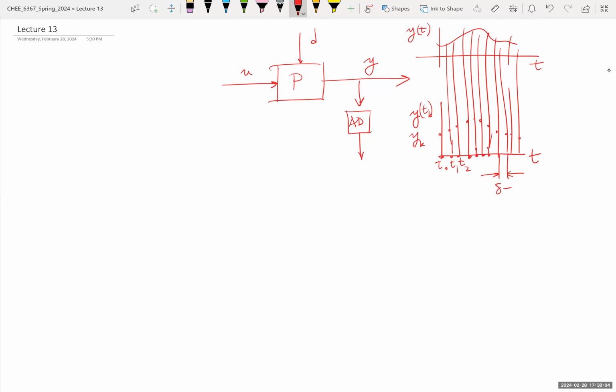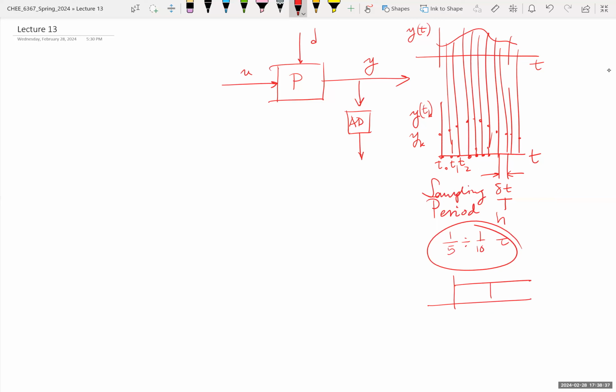Each pair is separated by a certain time. We can call it delta t or h. There is no uniform notation for that. But this is the sampling period. And we explained that the sampling period should be roughly 1/5 to 1/10 of the dominant time constant of our system. And what is the dominant time constant? If I throw a step to my system, the output is going to respond like that, assuming it's stable.